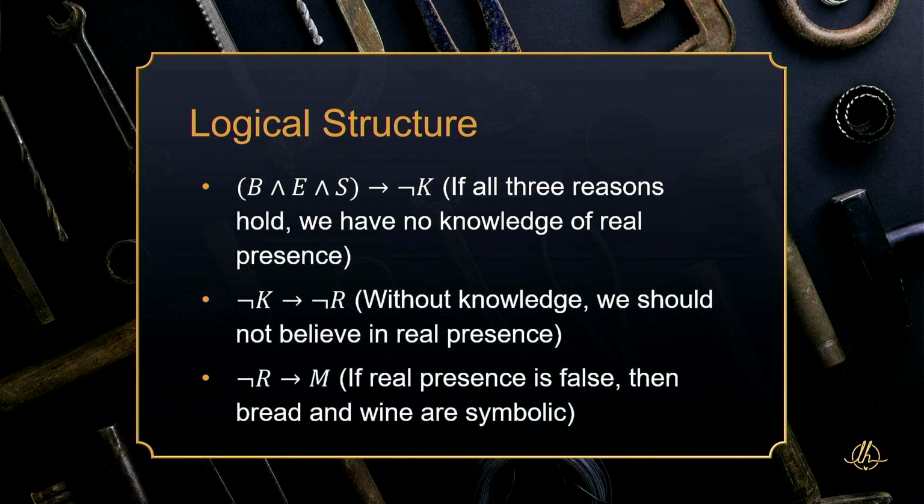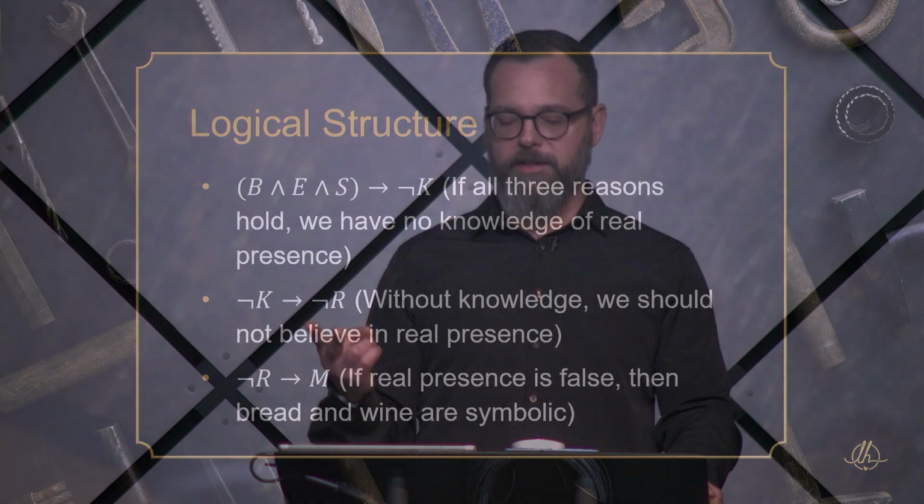And then these are the last three parts of the logical structure. We have B and E and S all together. If that's true, then not K. So if all three reasons hold, there's no biblical evidence for the real presence, we don't have any personal experience of real presence, and there's no scientific evidence for real presence, then we do not have knowledge of real presence.